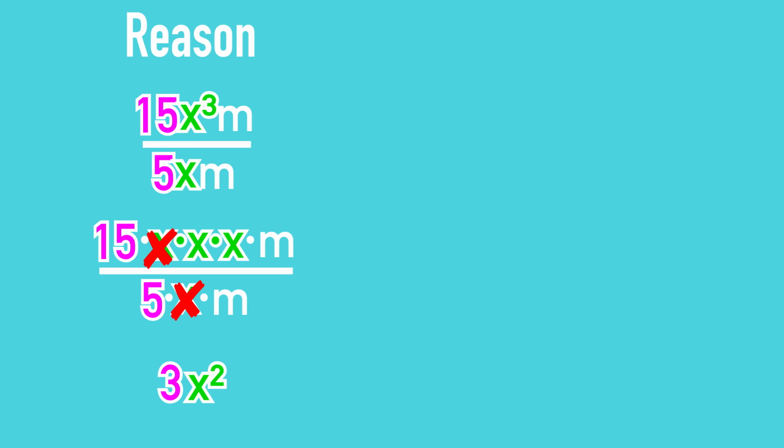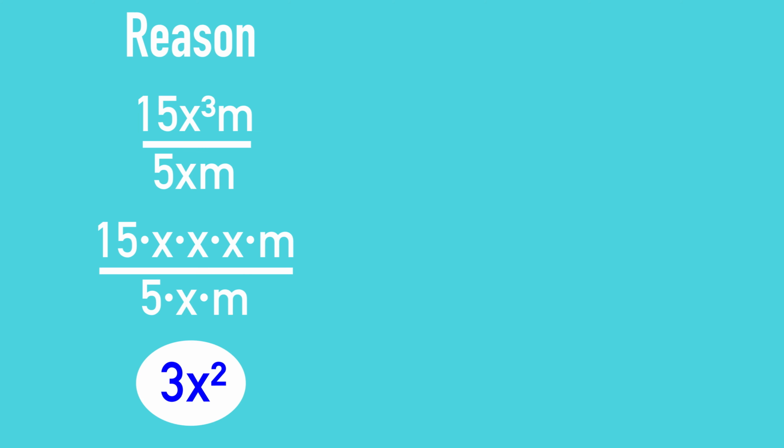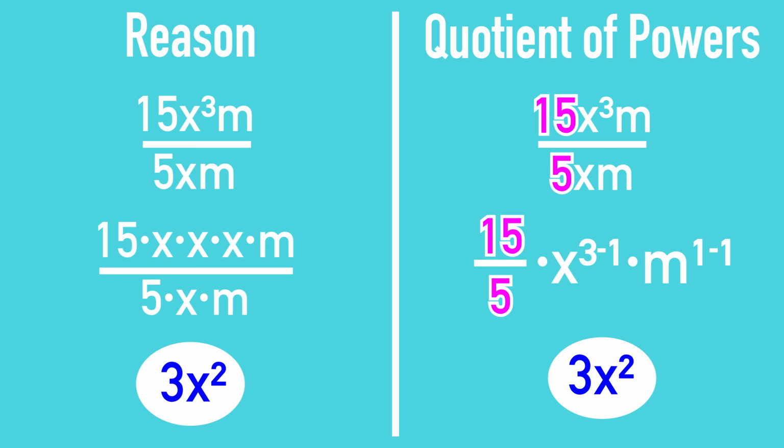This leaves 2 x's, or x squared, in the numerator. Finally, the m in the numerator and the m in the denominator divide to 1, leaving us with no m in the final result, which will be 3x squared. Essentially, we divided the coefficients and subtracted the exponents from matching bases in the numerator and denominator.